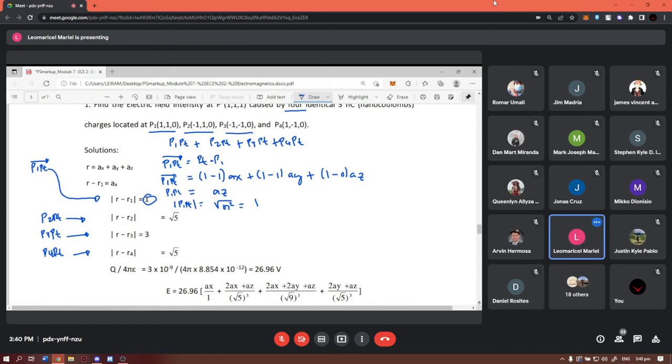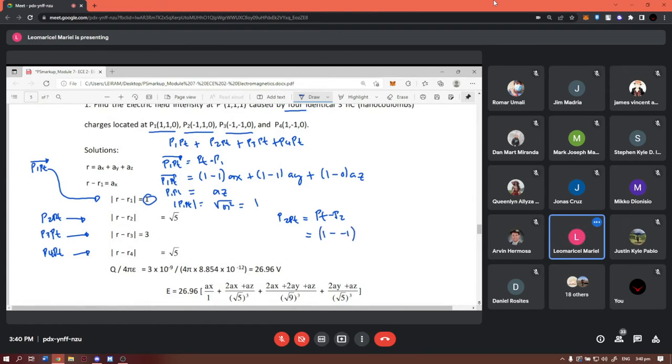Nasundan? How about your P2 PT? Paano nakuha yung square root of 5 na to? Ade yung P2 PT will be PT minus P2, which is, ano yung PT mo? 1 minus, ano yung P2?